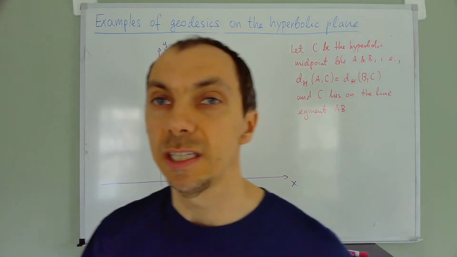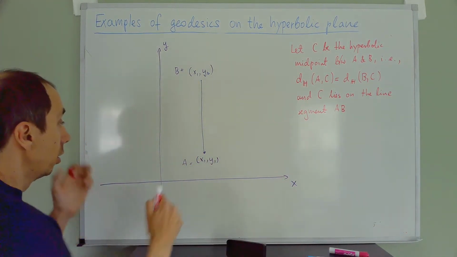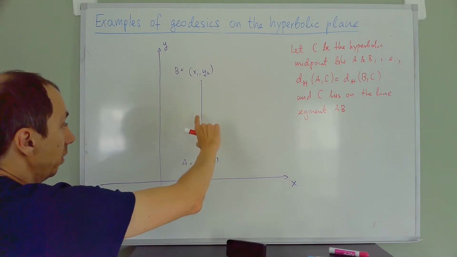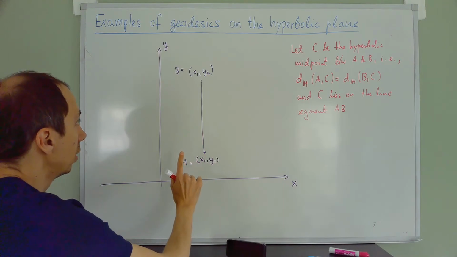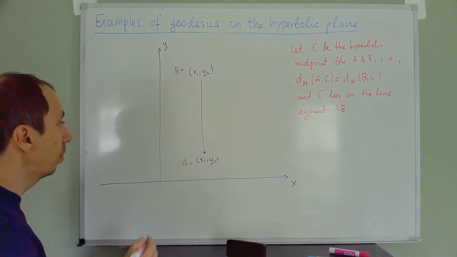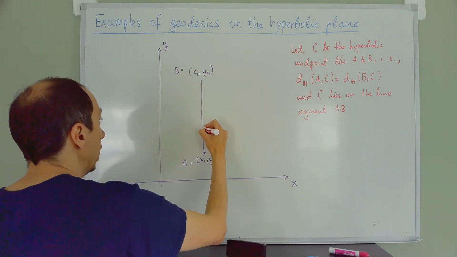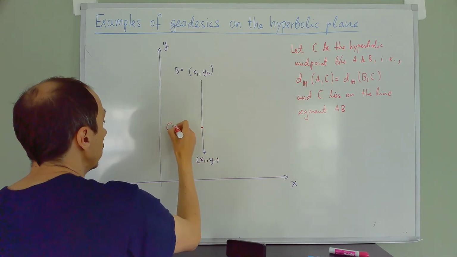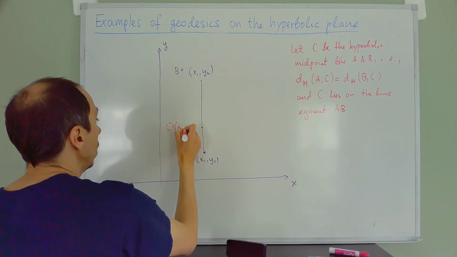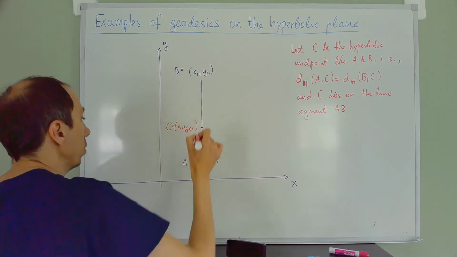Okay, so where will C be? First of all, remember that the vertical distances become larger as you move down, and they become smaller as you move up. So it's probably going to be somewhere closer to A than it is to B, in the Euclidean sense. So C will be x1, and I'm just going to write y0 here.